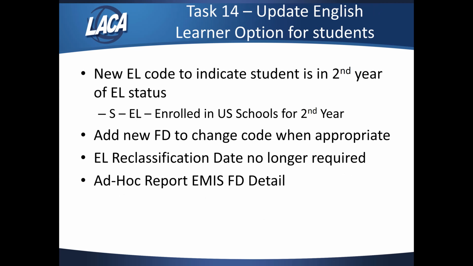Make sure you are looking at your students coded as an L and an S and change them appropriately when they meet the deadlines to change to a Y. When they change from an L to an S, from a first year, our first 180 days in US schools, to a second 180 days in US schools, to they're more than 2 terms of 180 days in US schools, and they go to a Y, make sure you are changing them appropriately. That's really important.